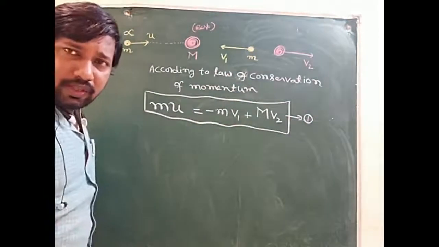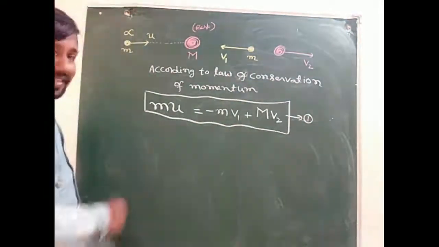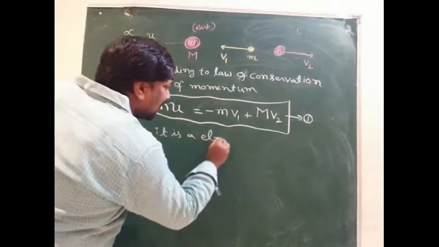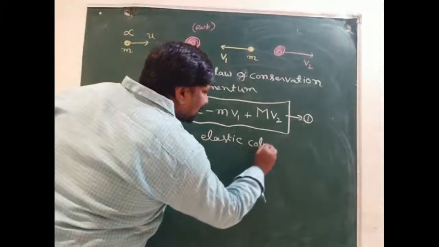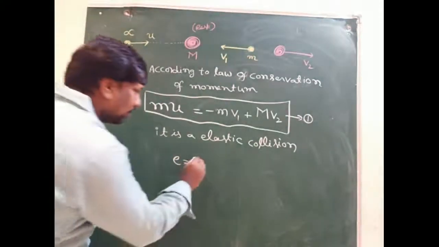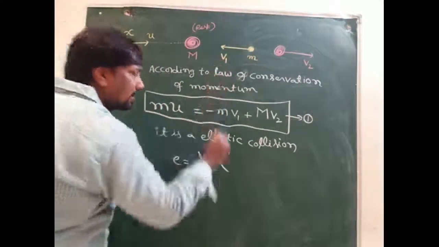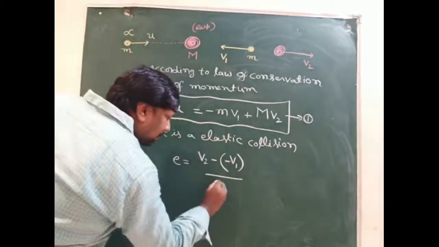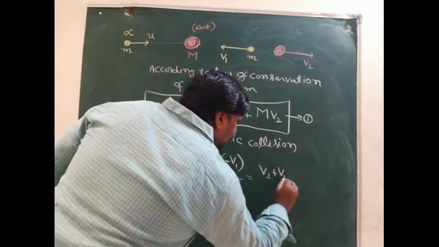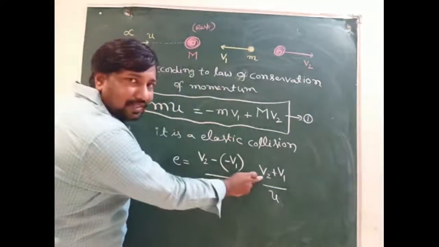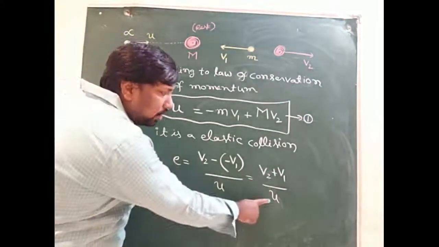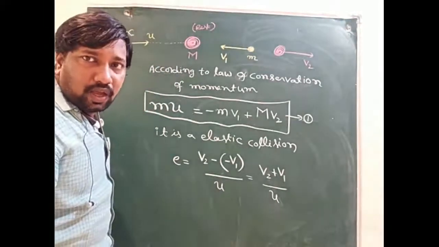But in this given problem, it is an elastic collision. So the coefficient of restitution equals V2 minus V1 by U, that is V2 plus V1 by U. Here V2 is the final velocity of the nucleus, V1 is the final velocity of the alpha particle, and U is the initial velocity of the alpha particle.